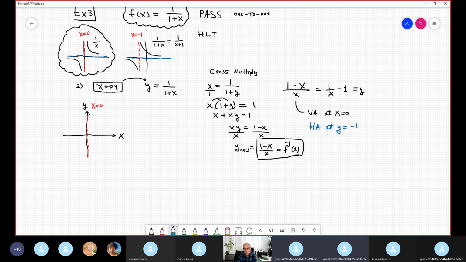Remember the degree analysis. The degree of the polynomial at the top is 1, and the linear degree is 1 also. Yes, we have the horizontal asymptote at the division of leading coefficients. -1 divided by +1 is -1.